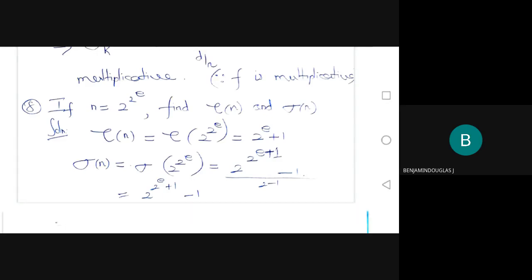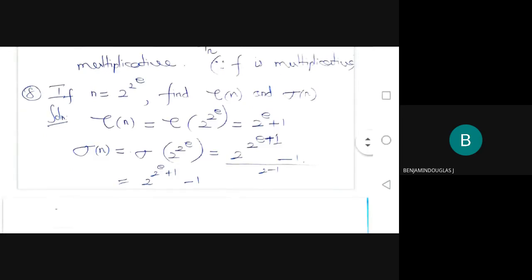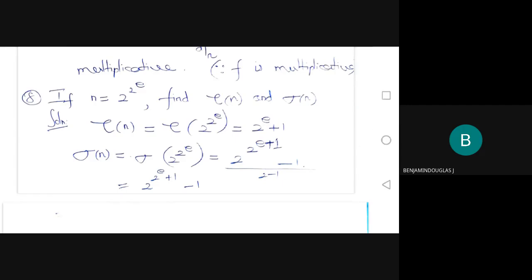So 2 power e plus 1 minus 1, whole divided by 2 minus 1. The denominator 2 minus 1 is 1. Here 1 is added to k, which means 1 is added to e. So sigma of 2 power e is 2 power e plus 1 minus 1.